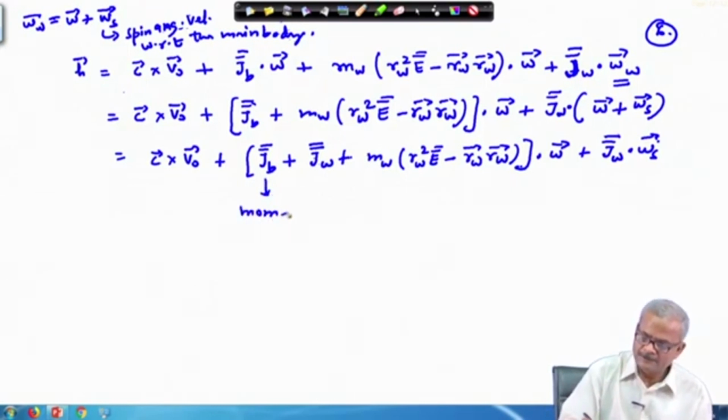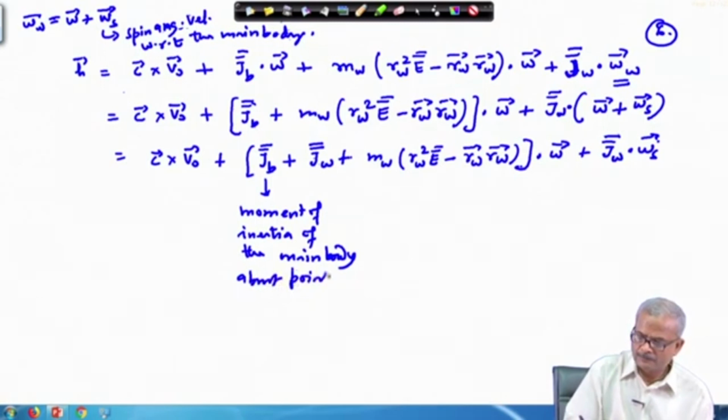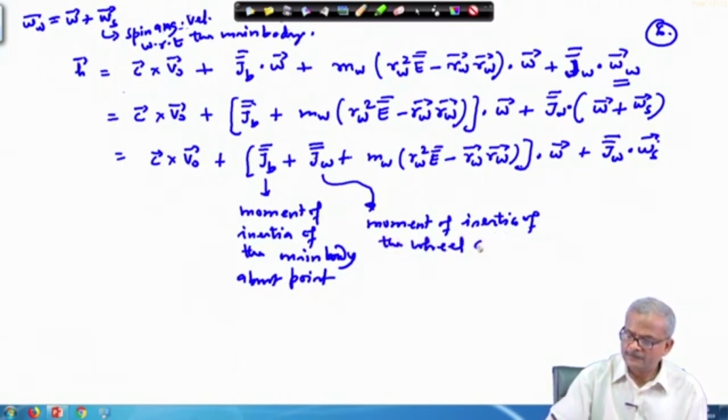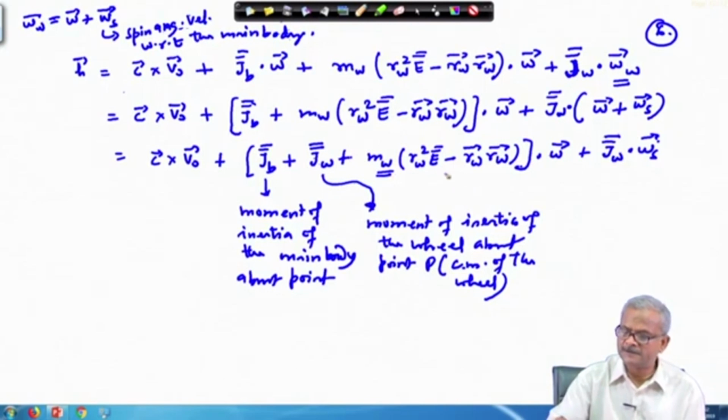This part is the moment of inertia of the main body about point O, and the moment of inertia of the wheel about point P, which is the center of mass of the wheel, and then this acts as a point mass. So, this is the inertia of the point mass.